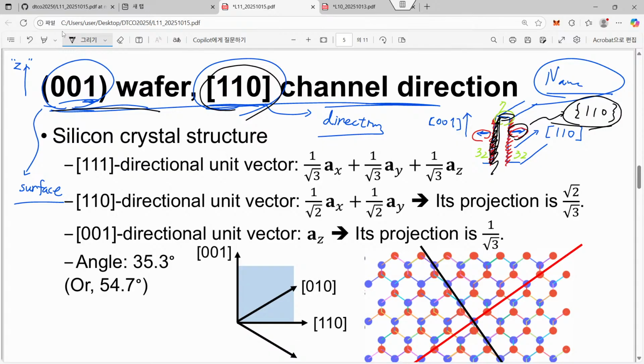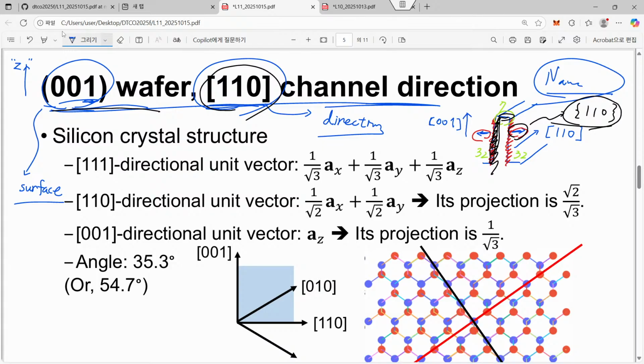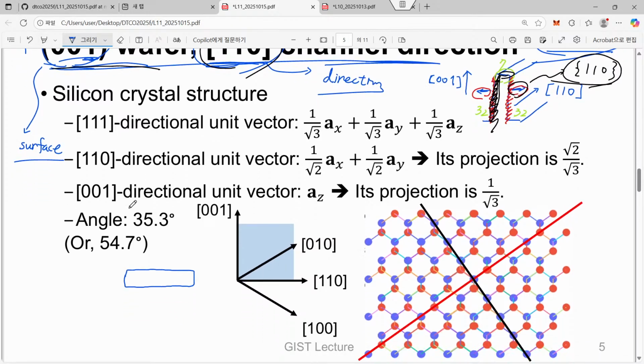But nowadays, although this is far beyond our current discussion, we are introducing a device structure called a nanosheet. In this case, our structure contains multiple stacks of nanosheets.